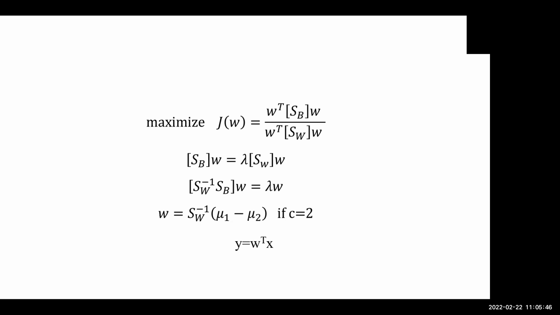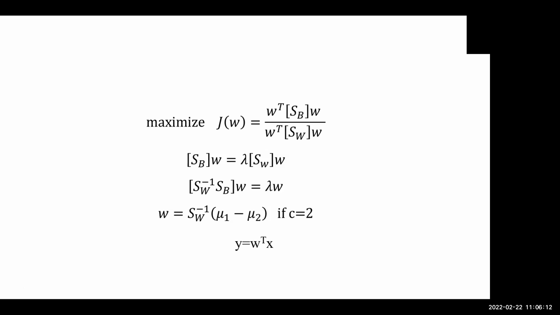First, I want to see if I can get everybody to understand when there's two classes. So you can find eigenvalues and eigenvectors. And if there are two classes, you can shortcut and say that your eigenvector is going to be this.